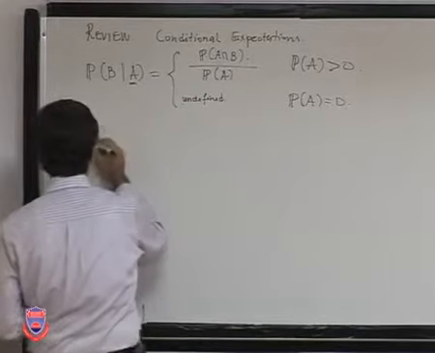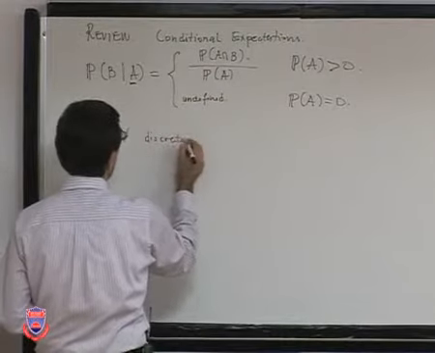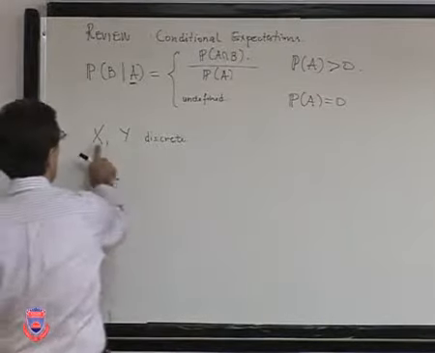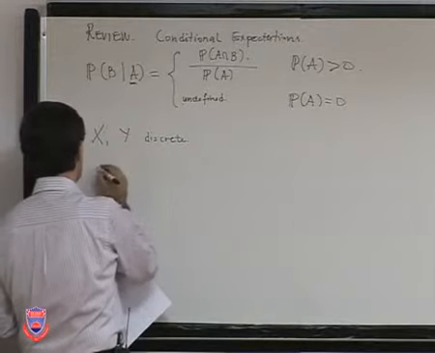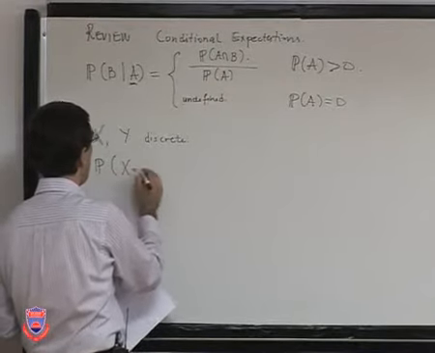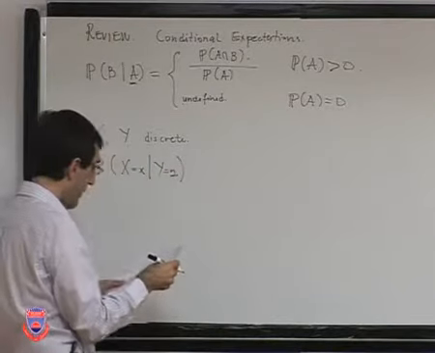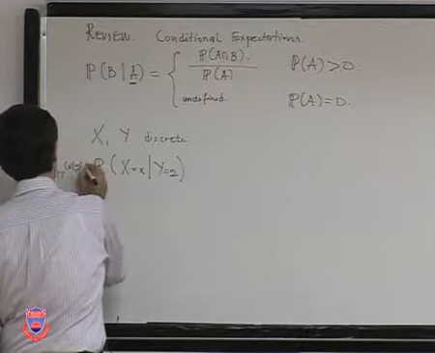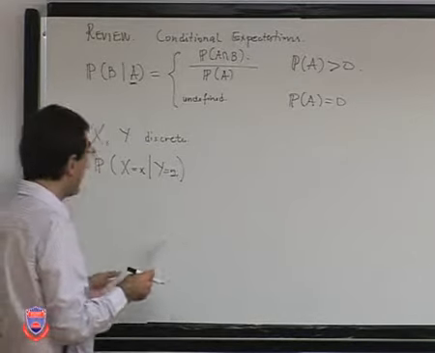If we have two discrete random variables x and y, we can use this basic definition to produce the conditional probability mass function of random variable x given that y equals a fixed number. So in this case, the conditional probability that x equals little x given that y equals little y, sometimes we denote by this notation. x and y are two possible values that these random variables can take.